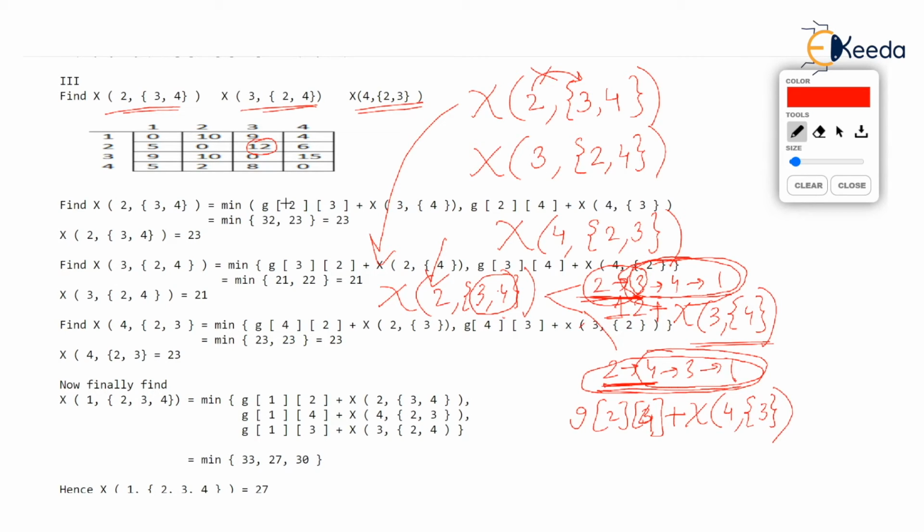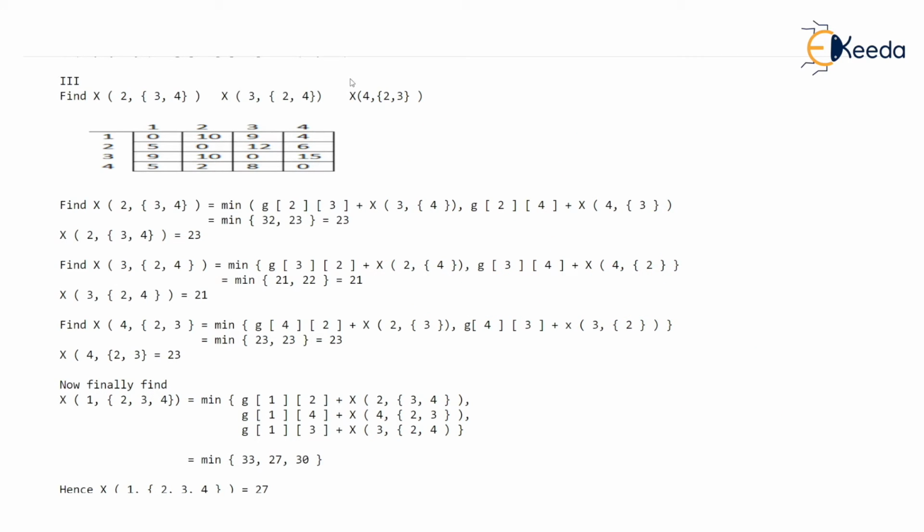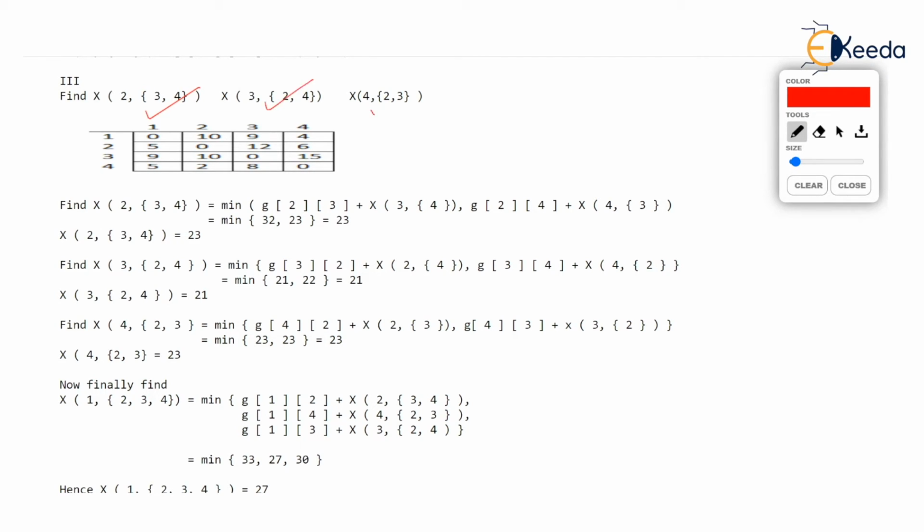So I hope you are understanding the formalization over here. Just check this. We are now finding 3 values or three functions keeping the cardinality of the set S as 2. Let's take x234. Then you can either go from 2 to 3. After going from 2 to 3, add the cost of 3 to 4 and then to 1.